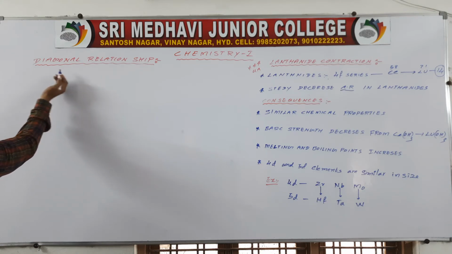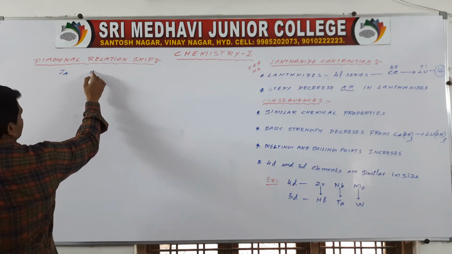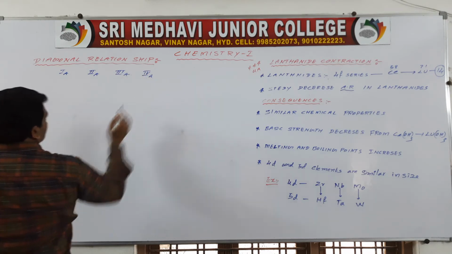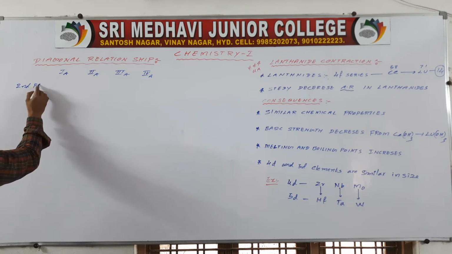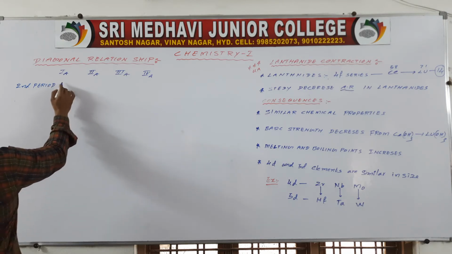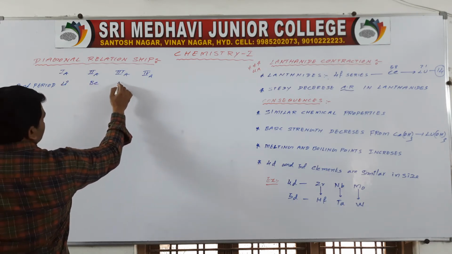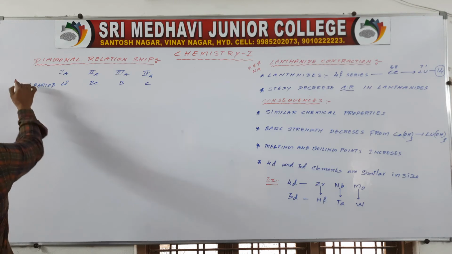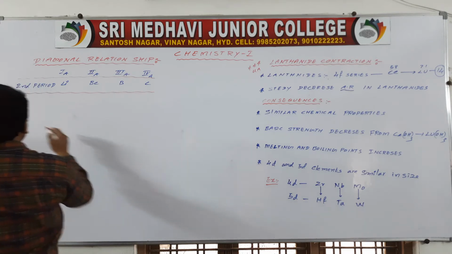I am taking second period elements. It is group first A, second A, third A and fourth A. So here I am taking the second period. What are the second period elements? First A, lithium, beryllium, next boron, next carbon. This is the second period.